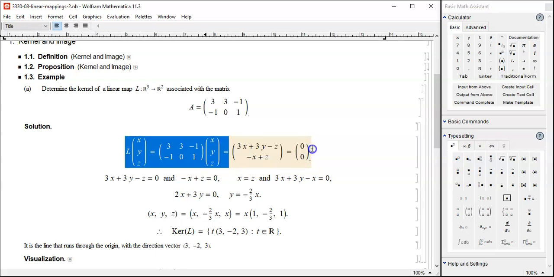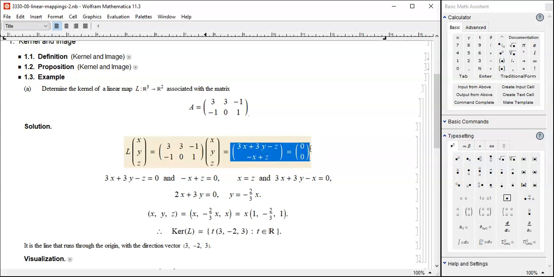So what did you get? We ended up with a system of linear equations with 3 unknowns and 2 equations. Okay, let's solve it. It's not too bad. Substitution works. x is equal to z, and then plug those in, and y equals negative 2/3 of x. x is arbitrary, so get x out.